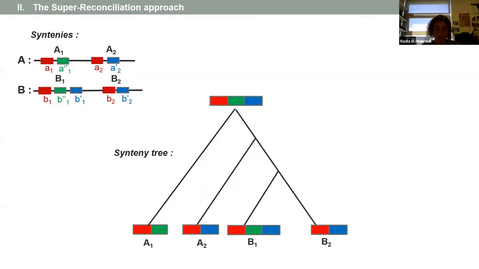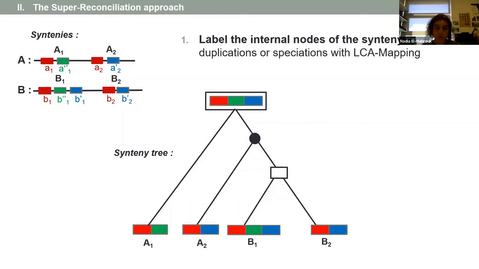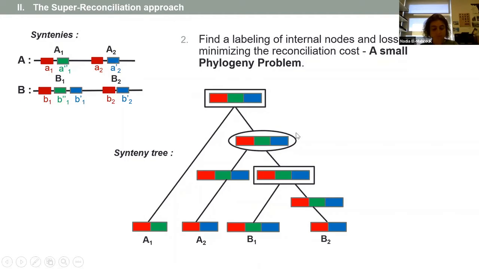We handle the problem by a 2-step approach. First, we label the internal nodes of the synteny tree as duplications or speciations following the LCA mapping. And second, we infer an optimal scenario of losses in agreement with this event-labeled tree.